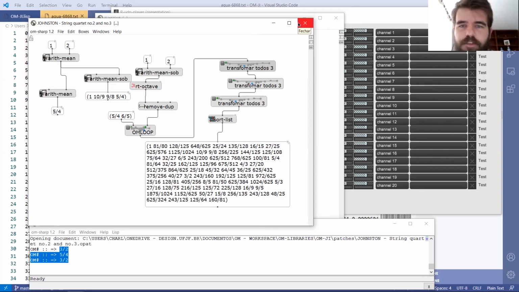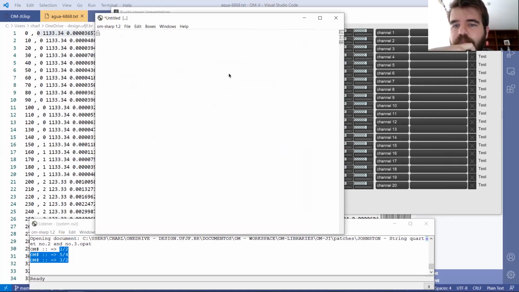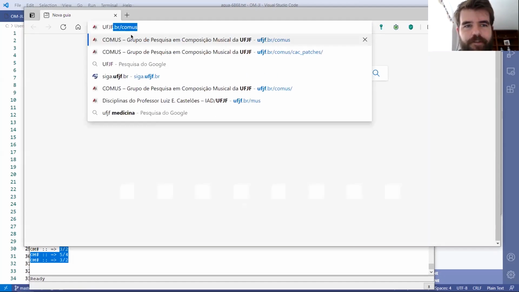A lot of these patches are in the help patch of the library, so anyone who downloads the library can get all the patches and play about with them. The Max patch that I showed before is on the site of my master's university, UFJF.